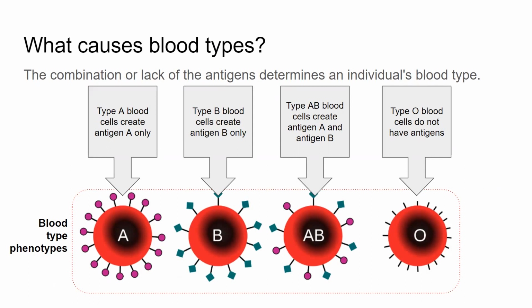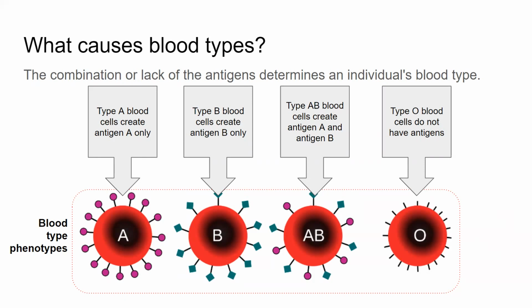But we also want to know what's going on not only on the red blood cell, but in the blood plasma. So there's two things at work here. First, focusing on what does the gene actually code for? Or what is the allele, the specific allele types? And it codes for the proteins on the surface.